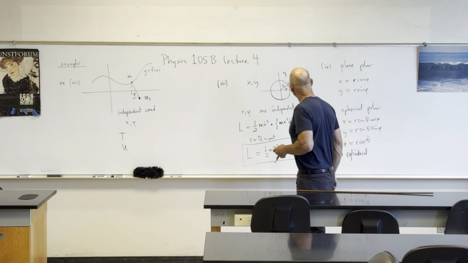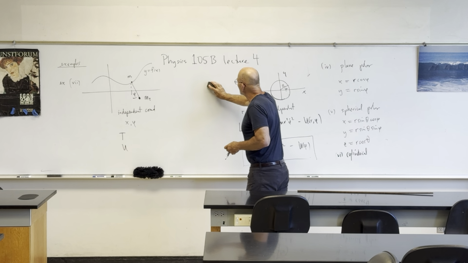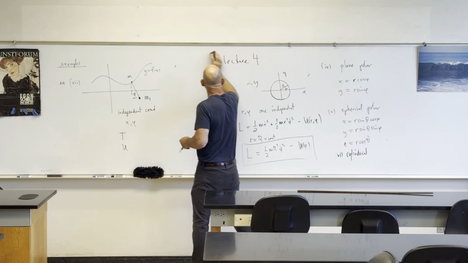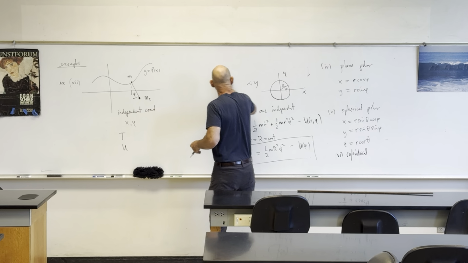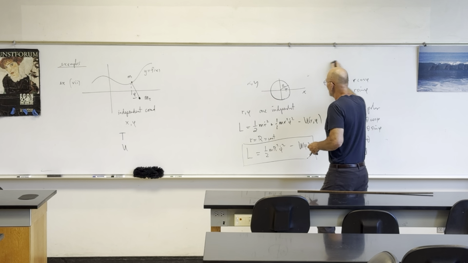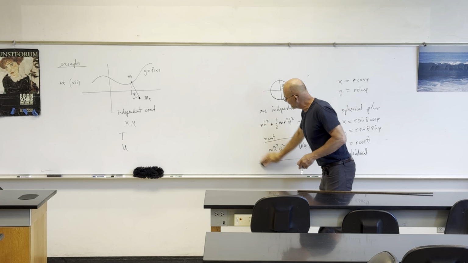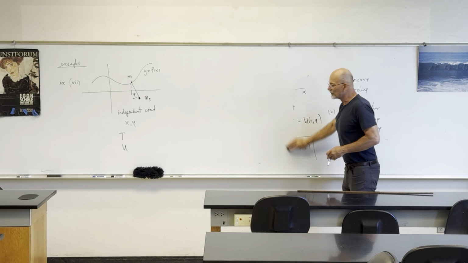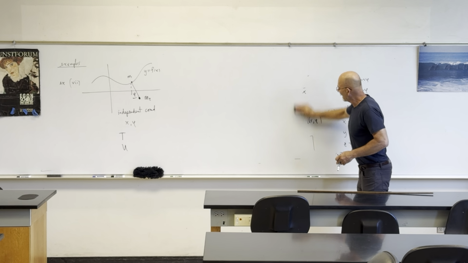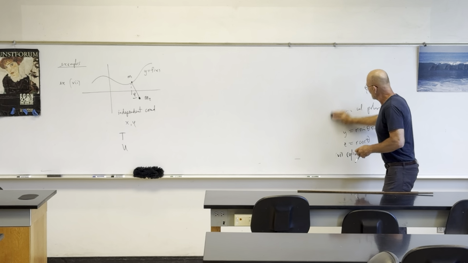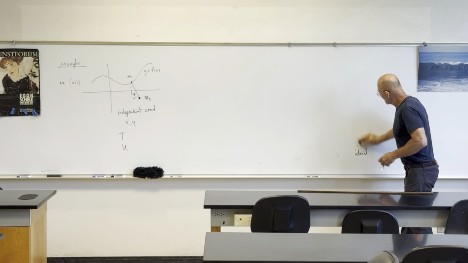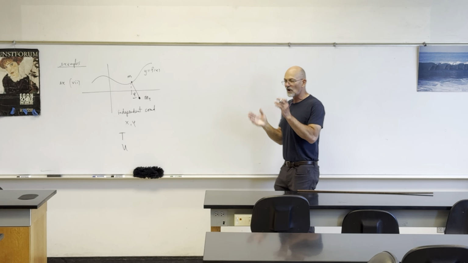Okay, so now we have these generalized coordinates and we have to get a little formalism with them. So the generalized coordinates are traditionally labeled q. And our kinetic energy, though, we know from the Cartesian form.